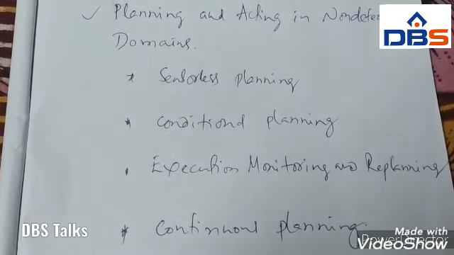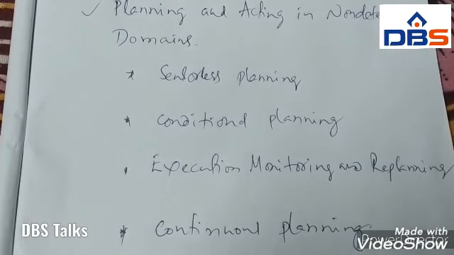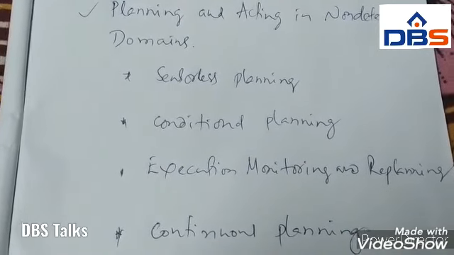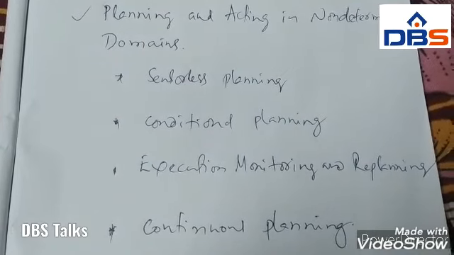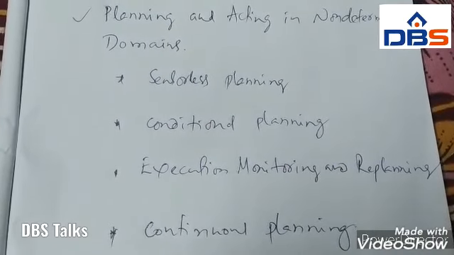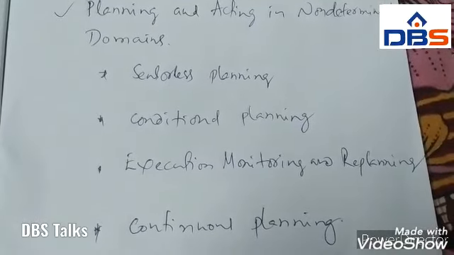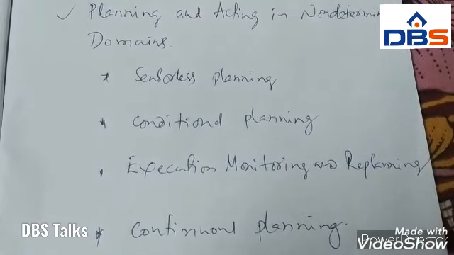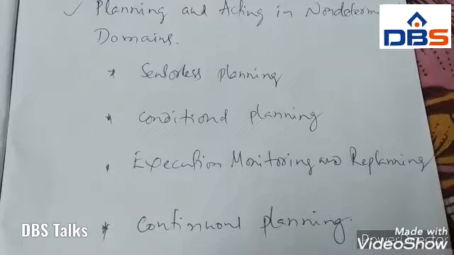Here, the replanning agent uses execution monitoring and splices in repairs as needed. Now finally comes continuous planning. A continuous planning agent creates new goals as it goes and reacts in real time.